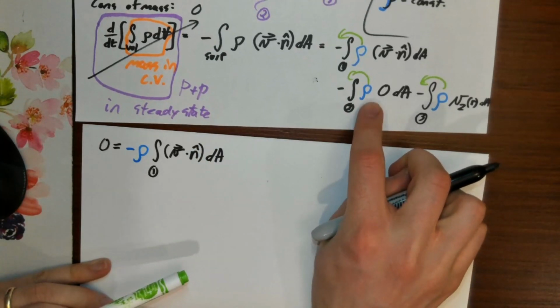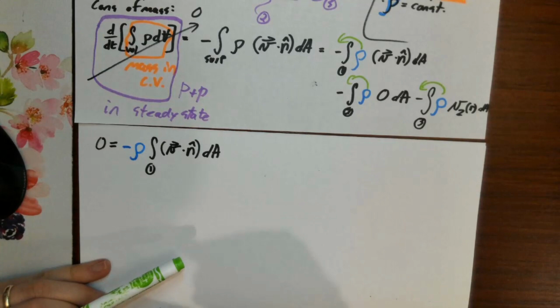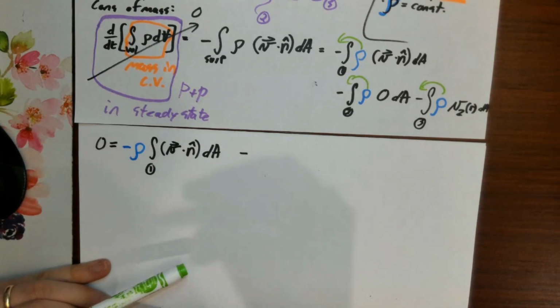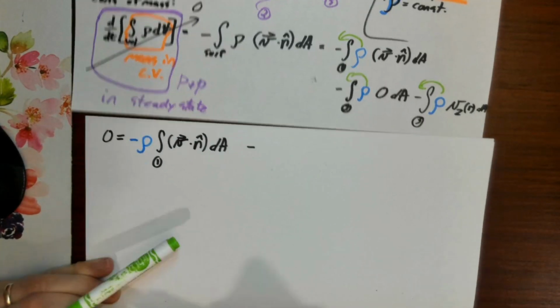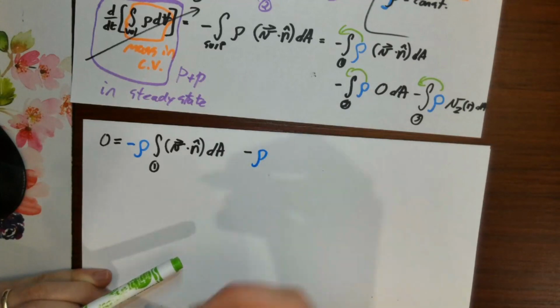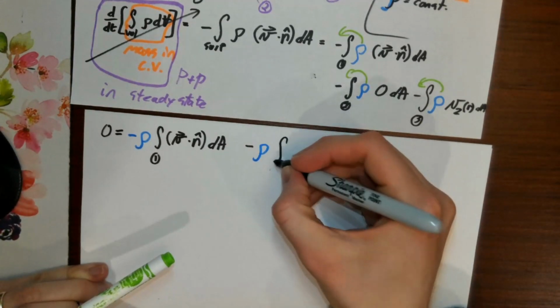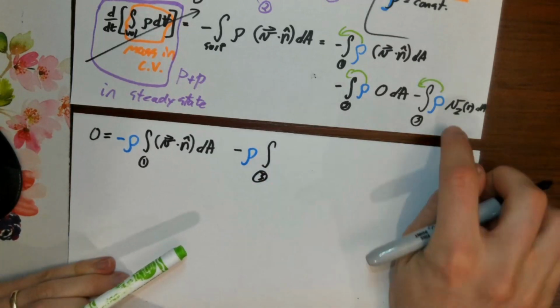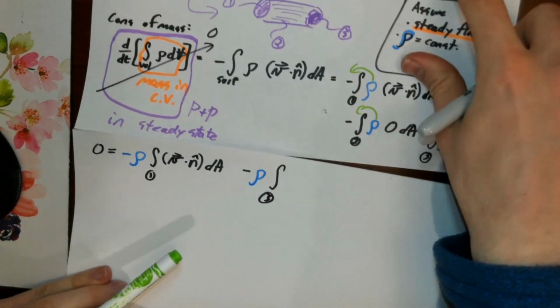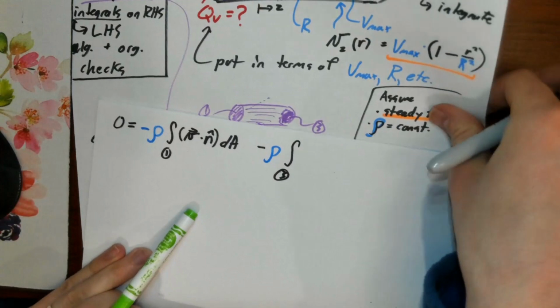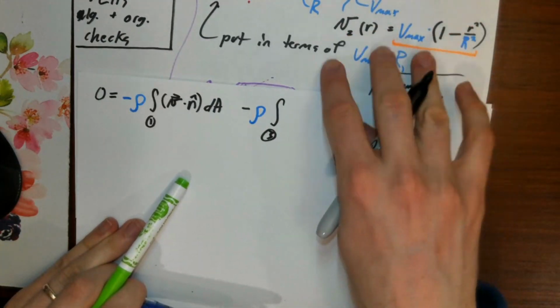Term 2 is 0, so I'm no longer going to bother to include that. And now we have rho times the integral over surface 3. And now I'm going to plug in my expression for vz as a function of r into this right here.